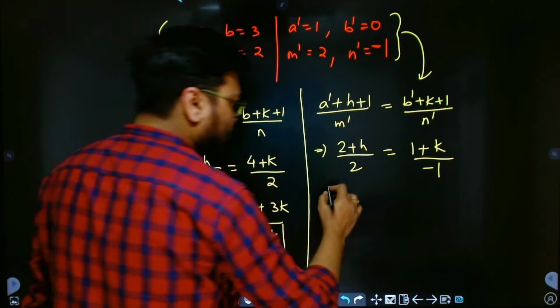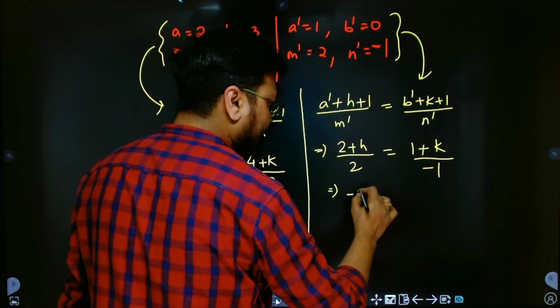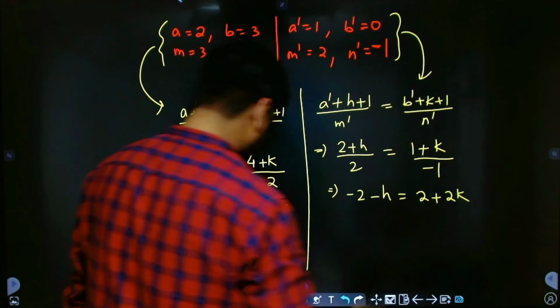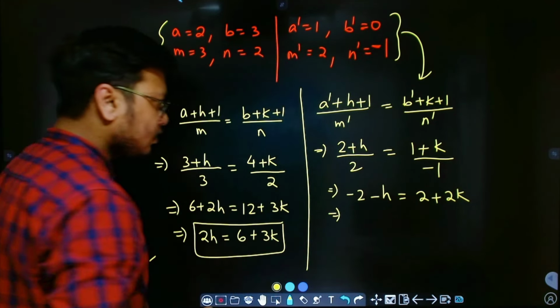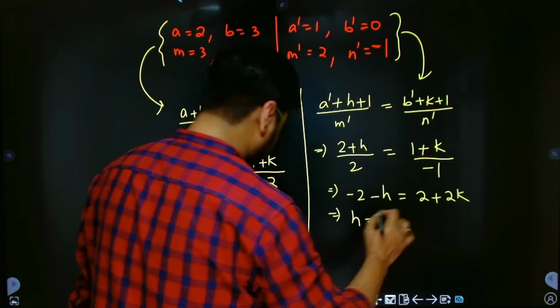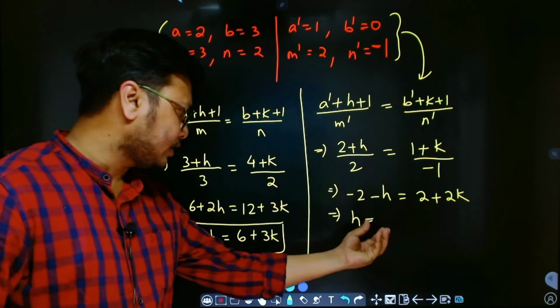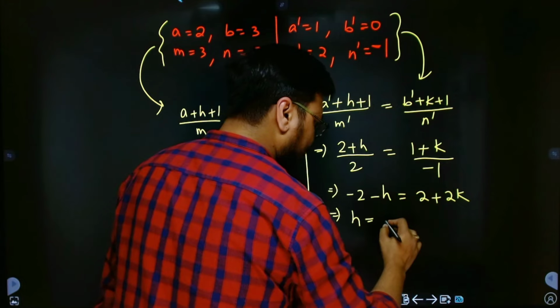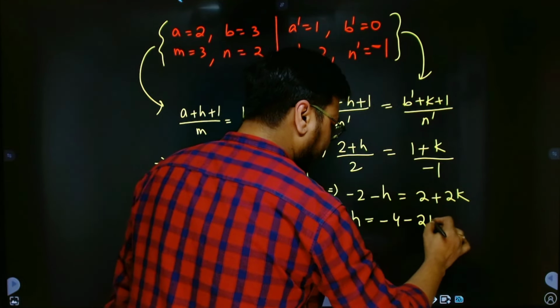So if I just cross multiply, I'm going to get minus 2 minus h equals 2 plus 2k, right? So I'll just find the value of h from here and plug it back right here. So h would be minus 4 minus 2k, right?